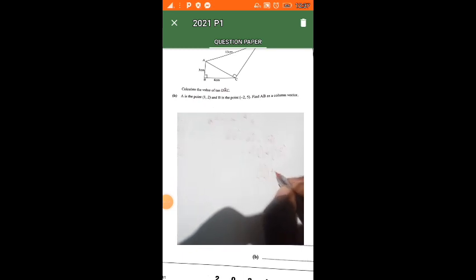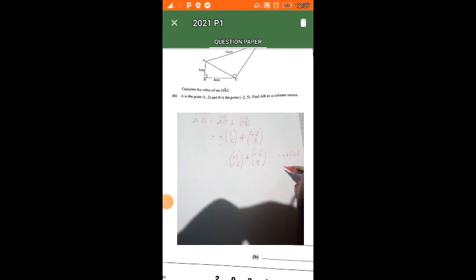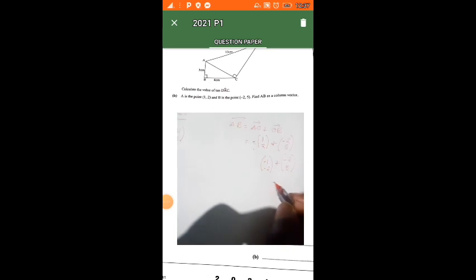Plus negative 2, 5. Then do the simple addition. Negative 1 plus negative 2: since both signs are equal, we add and maintain the sign, so it is negative 3.